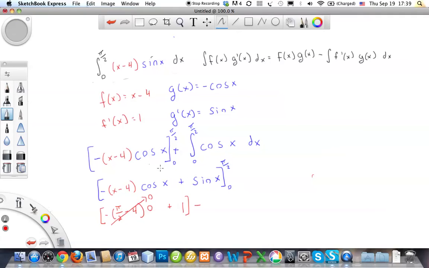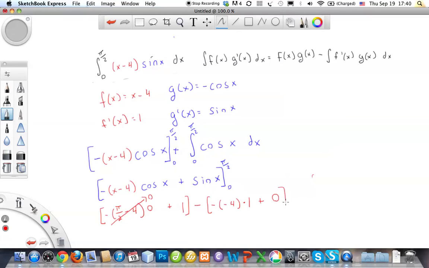So we're going to get a negative 0 minus 4, which is going to give me a negative 4, okay, times the cosine of 0, which is 1, plus the sine of 0, which is 0.